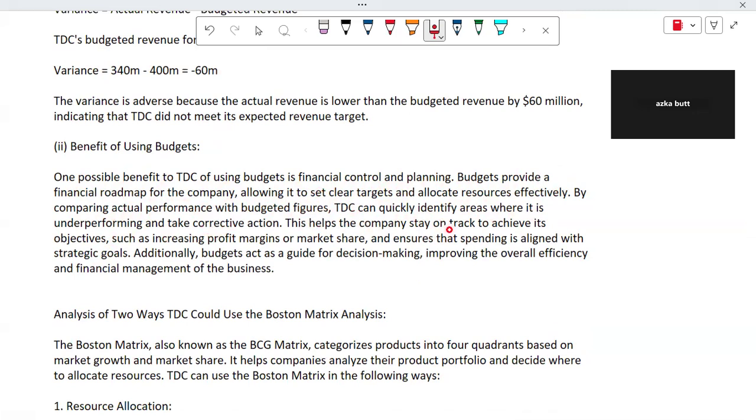So this helps the company to stay on track to achieve its objectives, such as increasing profit margins or market share, and ensures that spending is aligned with strategic goals. Additionally, budgets act as a guide for decision making, improving the overall efficiency and financial management of the business.